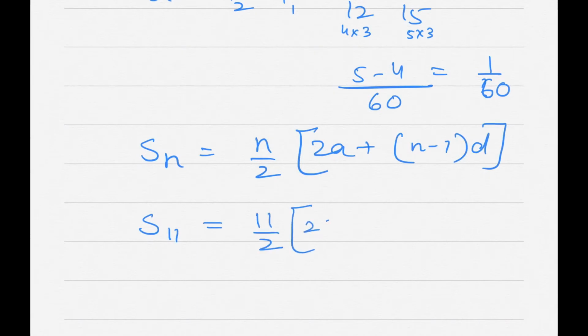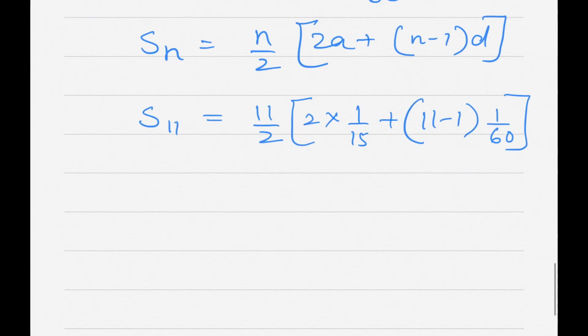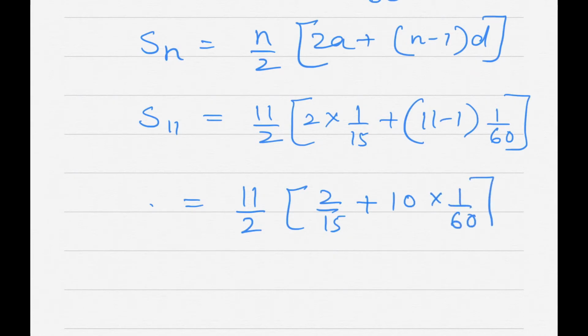A is 1 by 15, and plus n is 11 minus 1, and d is equal to 1 by 60. Fine. Now I can keep this 11 by 2 as it is, and this would be 2 by 15 plus 10 into 1 by 60.